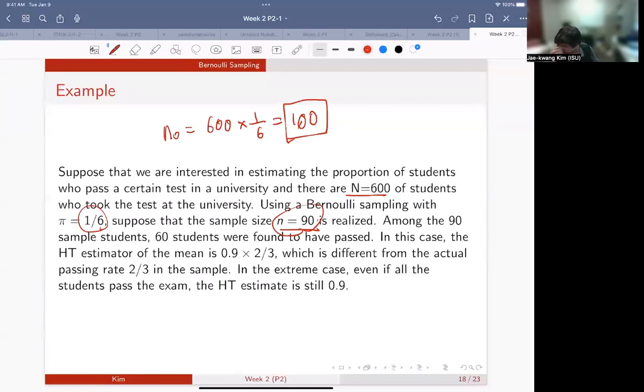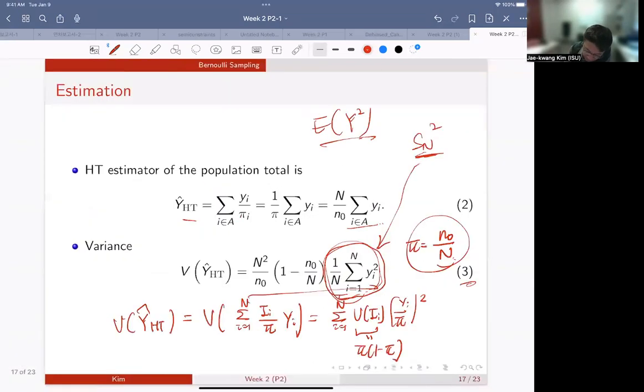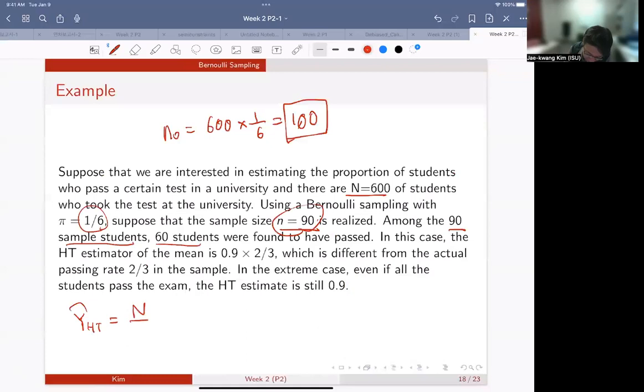And then among the 90 sample students, 60 students were found to have passed. So the Horvitz-Thompson estimator, if you use this formula, you get N divided by n0 and summation over yi.